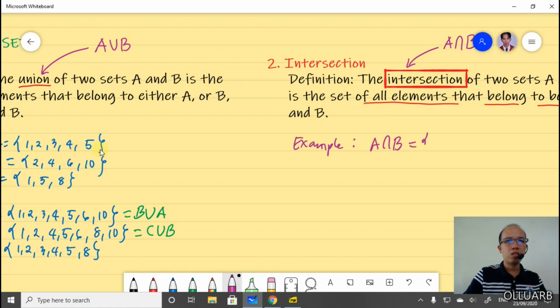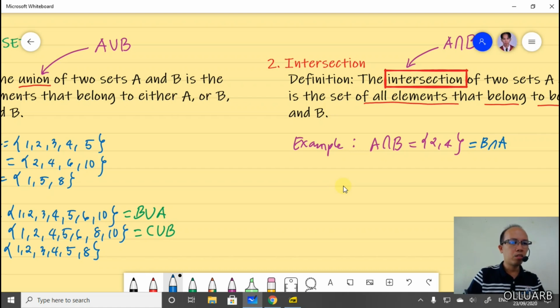As you can see here, the common is 2 and 4. Also, before I forget, this is just the same as B intersection A. So the intersection and the union are commutative.